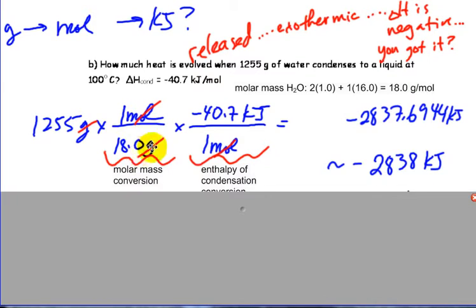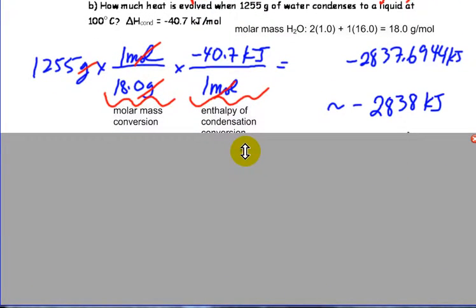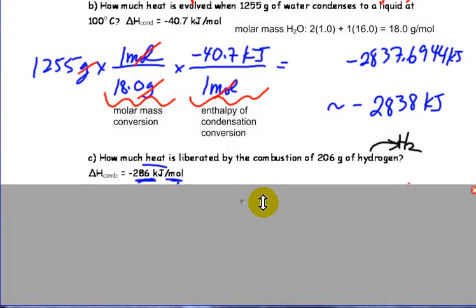So multiply by 1 over 18 grams. The grams cancel. I'm left with moles. And then over here, negative 40.7 kilojoules is released for every 1 mole. So for the number of moles I have, it works out to be negative 2,838 kilojoules. The negative, of course, means released or exothermic, as was suggested in the question. Releasing heat when going from a vapor back to a liquid.